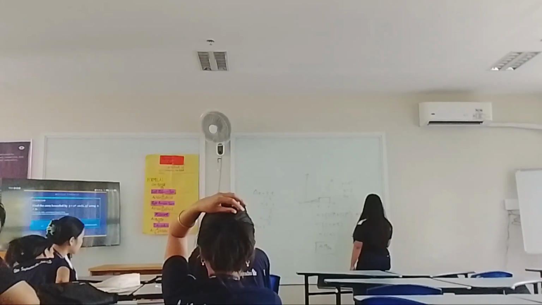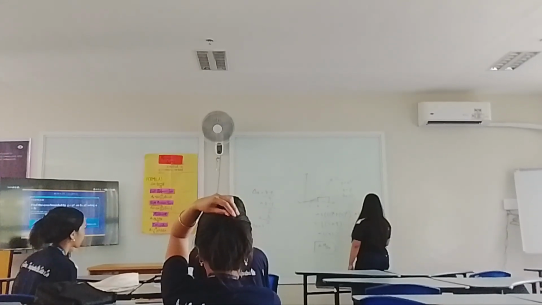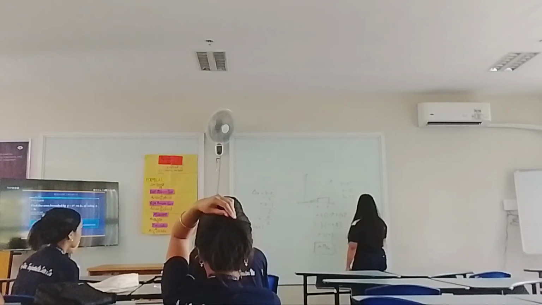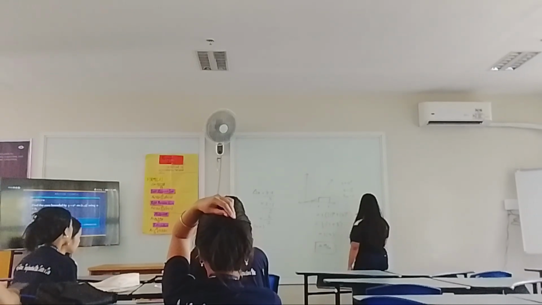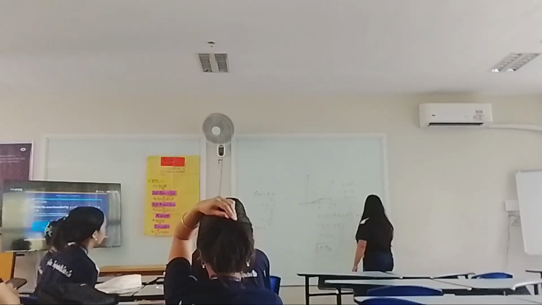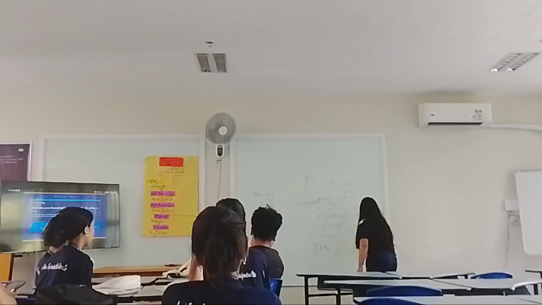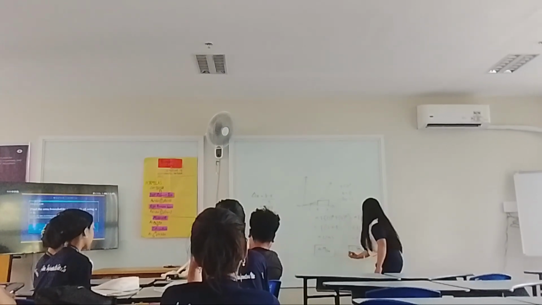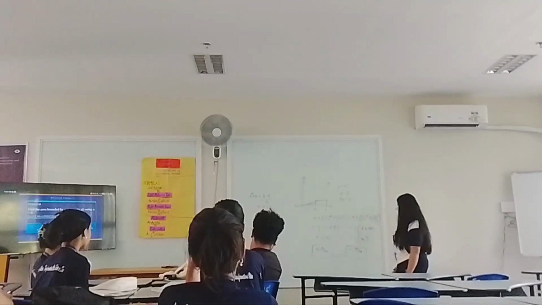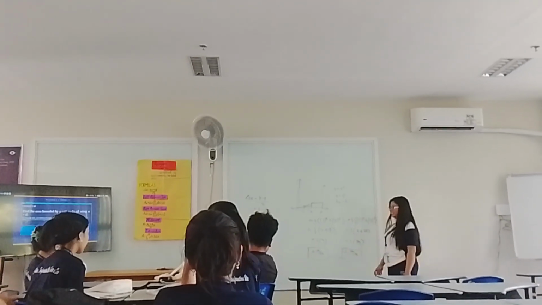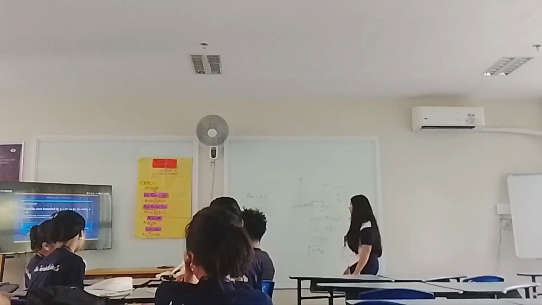So this is our right Riemann sum. Everyone read: 35 square units.